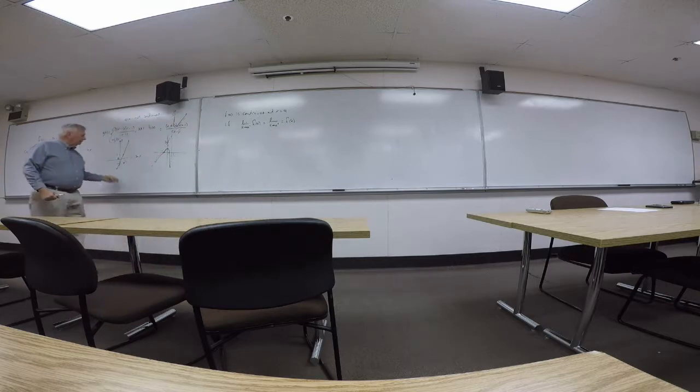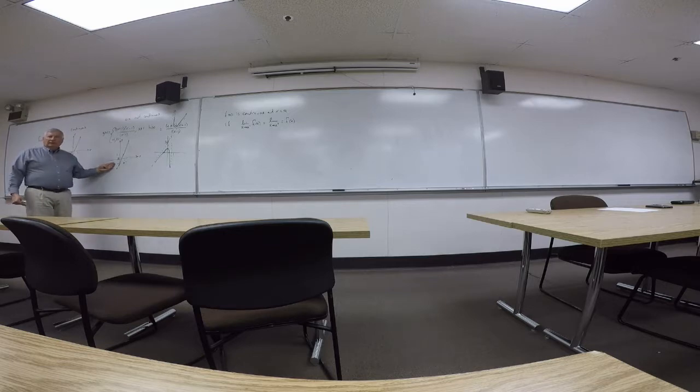But the middle one satisfies the first pair of conditions. As we approach 1 from the left, the value of that limit is 1. As we approach 1 from the right, the value of that limit also is 1.